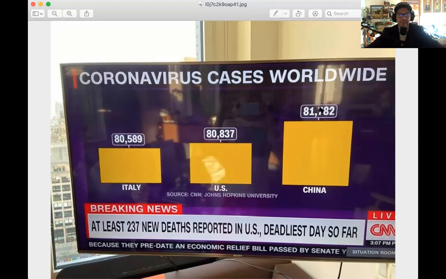China has 1,000 more, but it looks like they have almost double, right? Maybe not quite double, maybe like a third more, but it's only 1,000 more. And so this is kind of trying to show, oh, look how bad it is in China, right? So that's incorrect. So the design is misleading. Let's look at another example here.